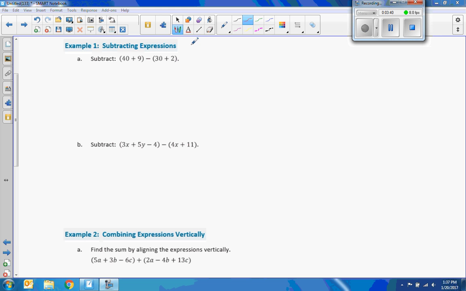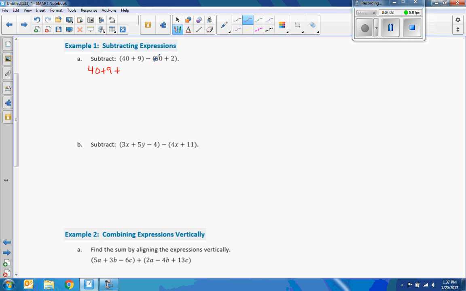Okay, example 1, subtracting expressions. So we have the quantity 40 plus 9 minus the quantity 30 plus 2. The opposite of a sum is the sum of its opposites, and we're going to use order of operations. Okay, so we have 40 plus 9. We can do it this way.